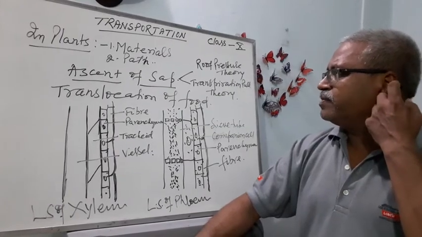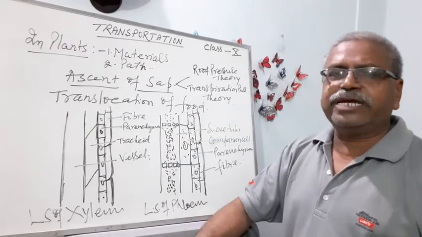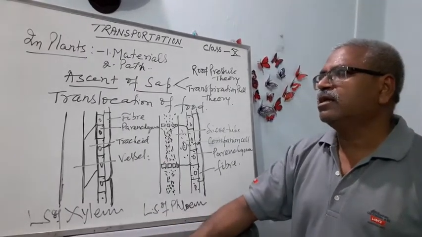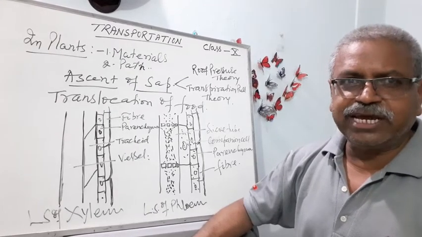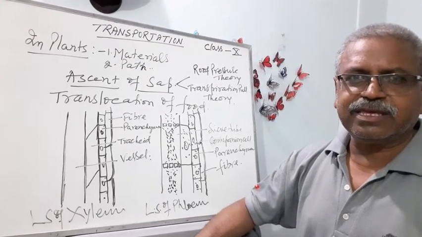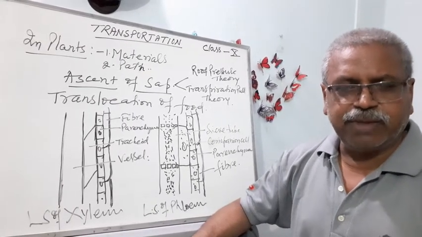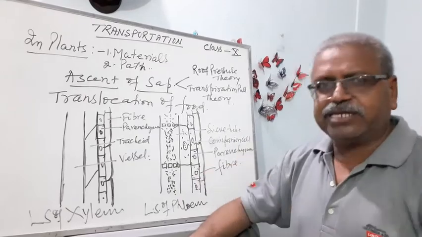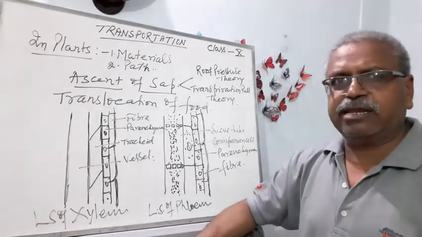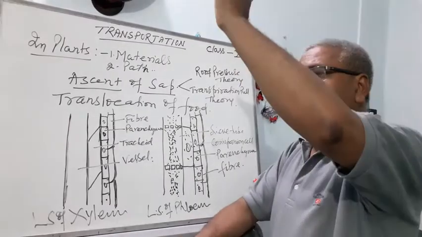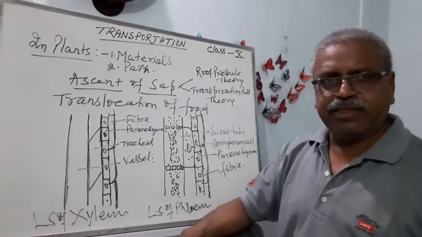From the soil, first minerals dissolved in water enter through root hairs, and from root hairs it passes to the xylem of the root along the osmotic pressure gradient, and once inside the xylem strand it is transported upward, and this process is known as ascent of sap.